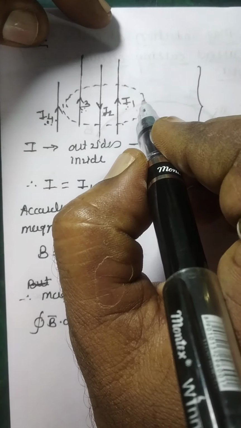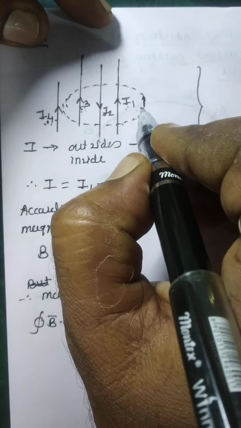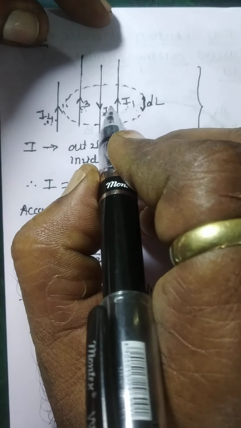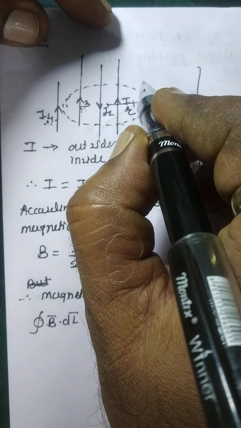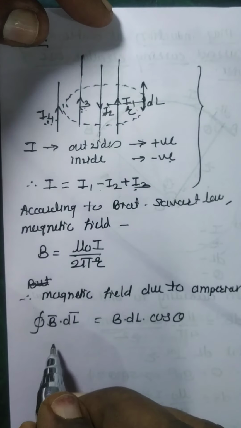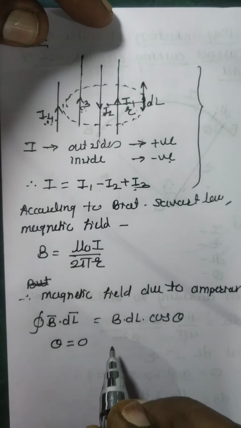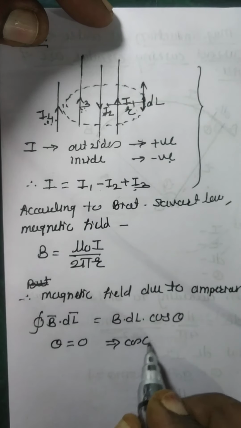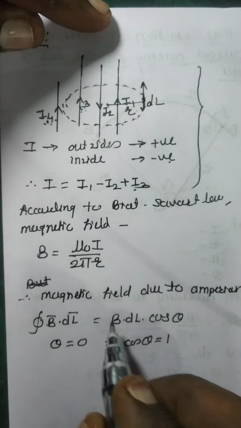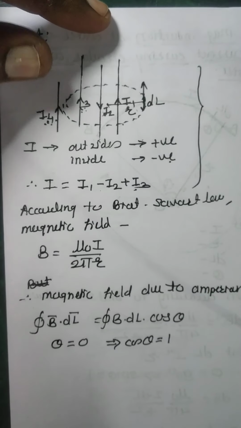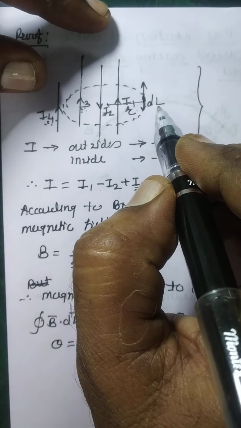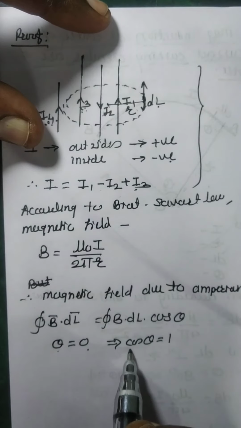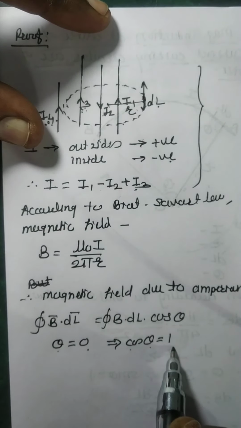But the magnetic field and the length of the conductor dl, which is along the radius of the coil, are in the same direction. The magnetic field is along the length of the conductor, and therefore theta is equal to 0, which implies cos theta is equal to 1.